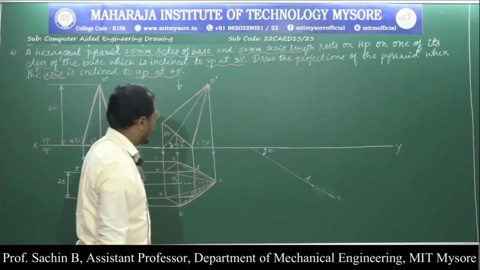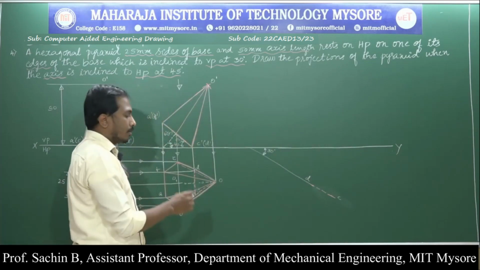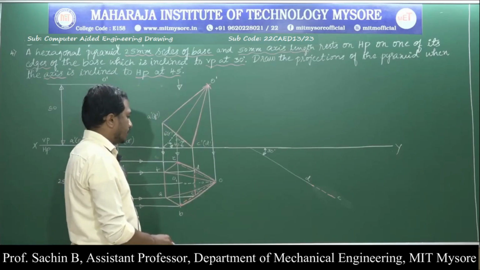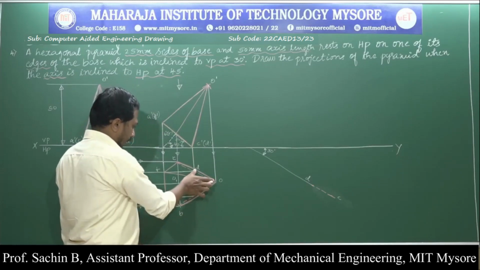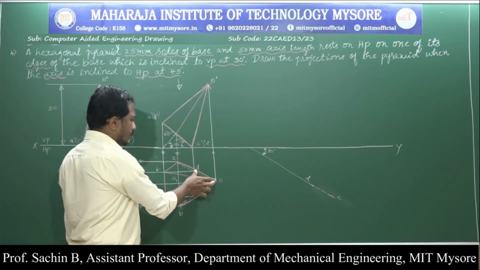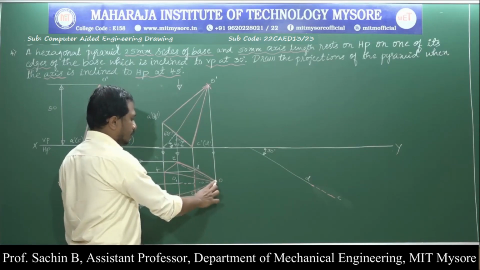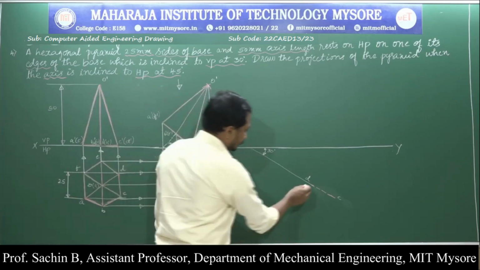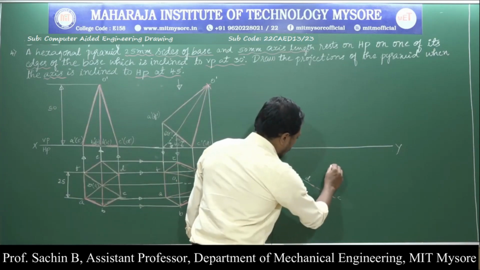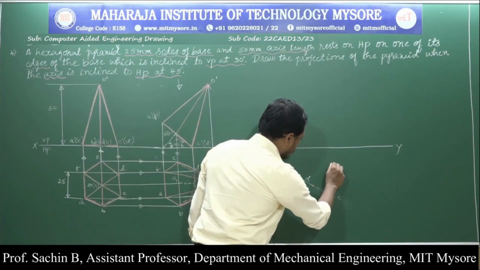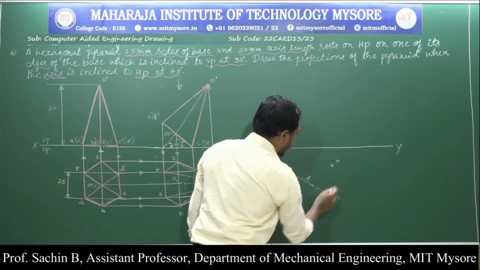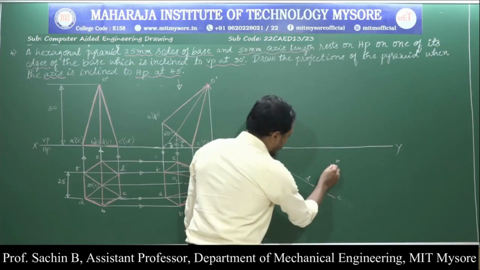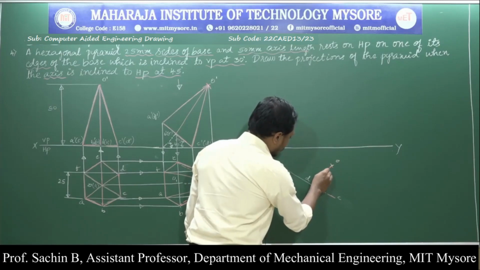Next, I need to get the remaining points, that is the corners and the edges. For that, first I will find out the axis. I will measure it from D to O or from O to C. I will put an arc over here, again one more arc. This is my O point. Next I will join this.